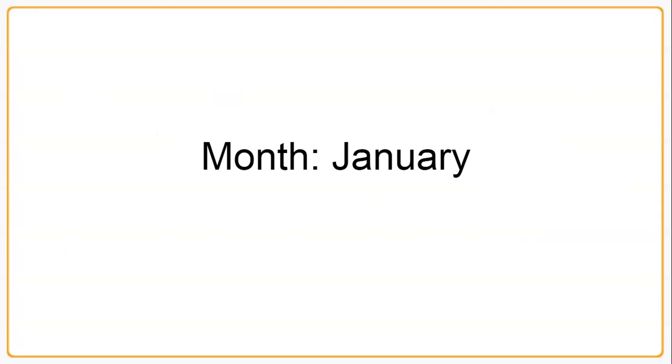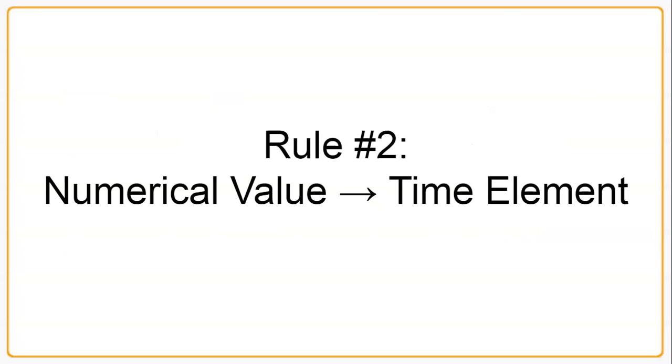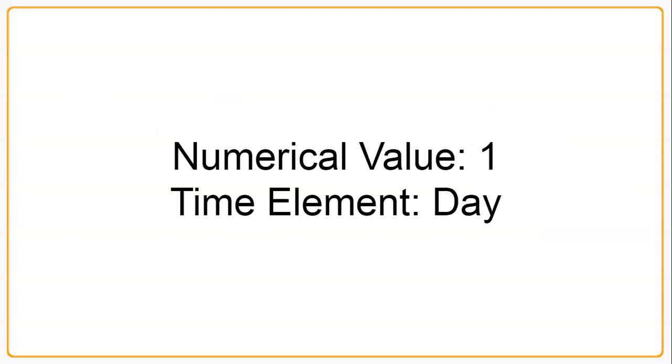Next, the second time element is month, which is January. It has a numerical value of 1, being the first month of the year, and its time element is month. So following rule number 2, January becomes 1 month, or 1月. Lastly, the third element is day, which is 1. Obviously, it has a numerical value of 1 as well, and its time element is day.